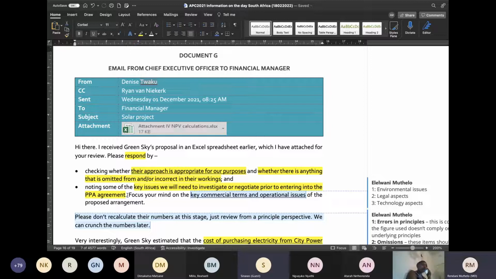And when you are going to negotiate or investigate further, focus your mind on the key commercial terms and the operational issues. Now, I would say, guys, I am currently sitting with City Power, which is on the Eskom grid. Operationally speaking, I am worried about load shedding.